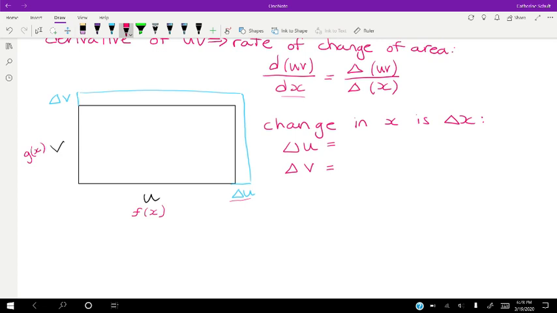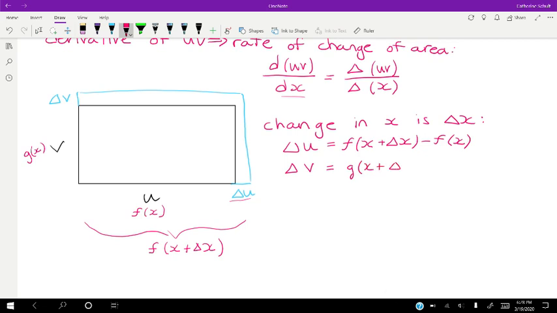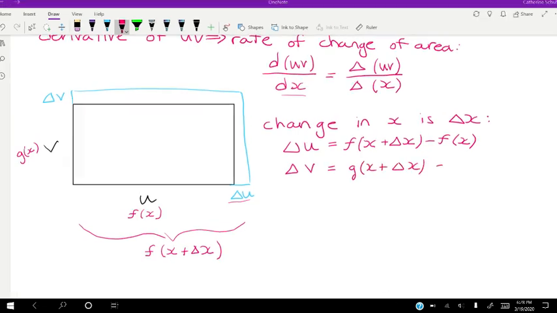The change of u is if we add that change of x and then subtract the f of x. So this whole thing right here is acting as f of x plus delta x, something like that. And then likewise, v is doing something like this.